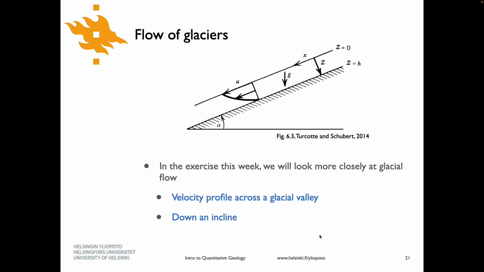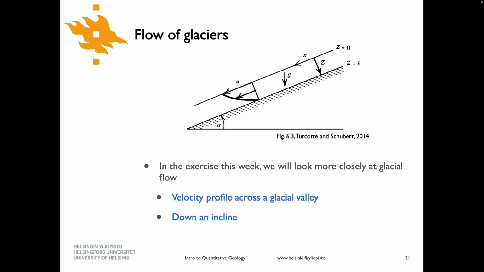So what we're going to be doing is two different types of models. One would be looking at ice flowing down some slope. In this case, we can calculate a vertical velocity profile. If you took a cross section through a glacier flowing down a slope and looked at the velocities, you'd see the velocity is either 0 or equal to the sliding velocity at the bottom of the ice.